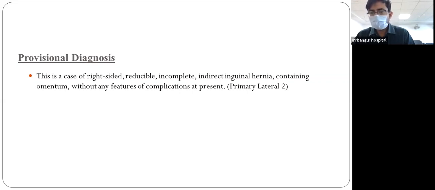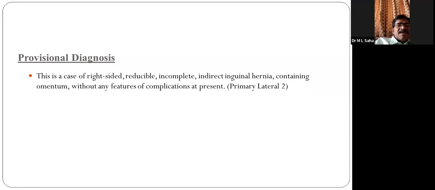It can be 0, 1, 2, 3, or X. One is when the defect is 1 finger or less than 1.5 centimeters. Two is 2 fingers, less than 3, and 3 is equal to or more than 3 centimeters or 3 finger defect, sir. One should be very conversant about EHS classification, and for groin hernias you should know it, because now the standard of comparing is with EHS classification.